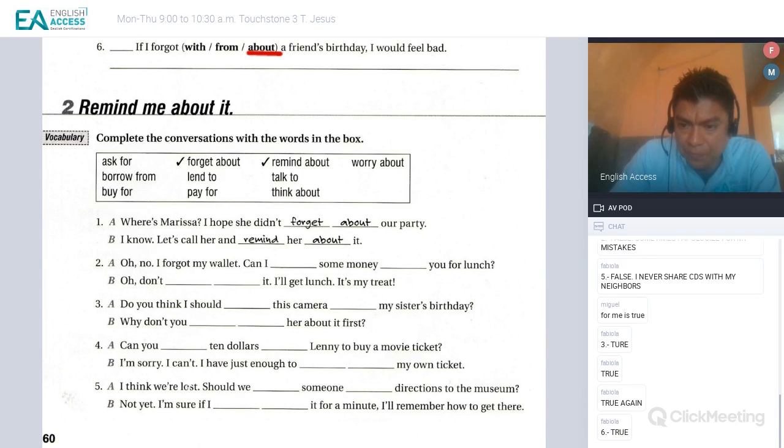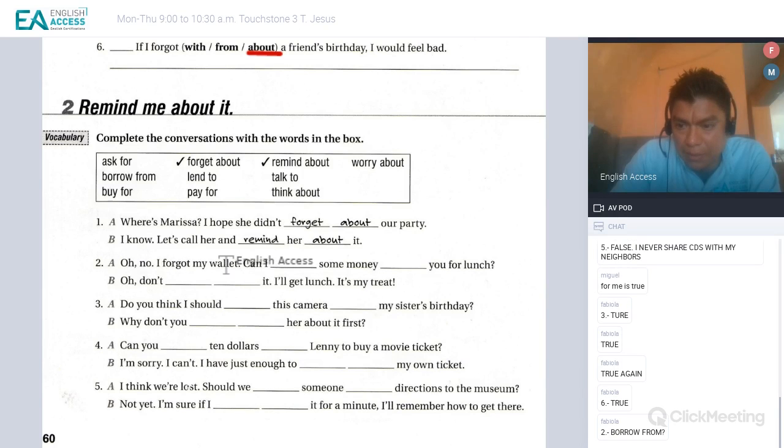Number two. Oh no, I forgot my wallet. Can I borrow some money from you? Yes. Okay.